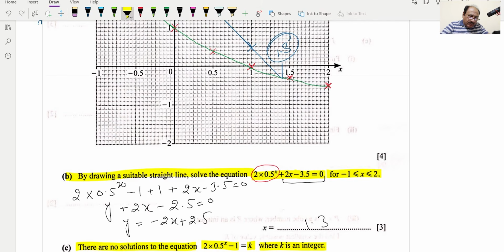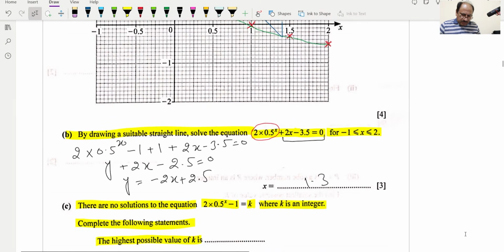We can write like 1 point, it's basically 1 point minus 0 point, this line if we check it's like this. Okay, I will change the color, and for this one there are no solutions to the equation, where k is an integer.